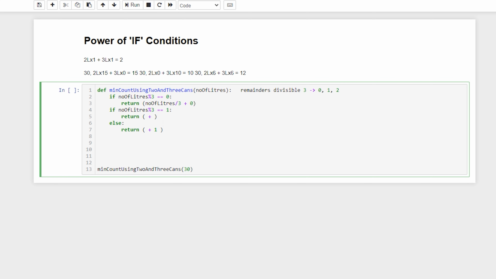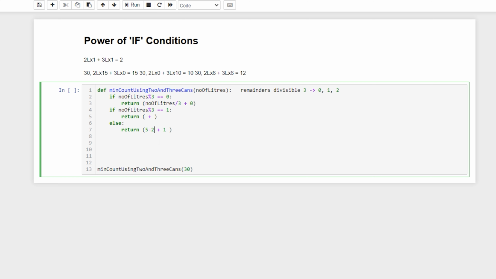Here, let's say 2-liter has been measured by the 2-liter can. So what is the remaining number of liters out of 5? 5 minus 2, which is 3. This 2 comes from because you are measuring 2-liter here itself. So 2-liter you need to deduct from the original number of liters.